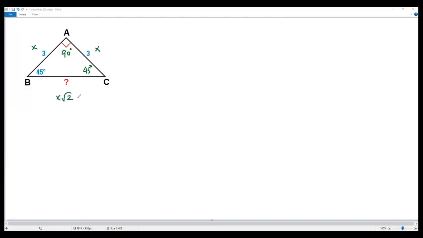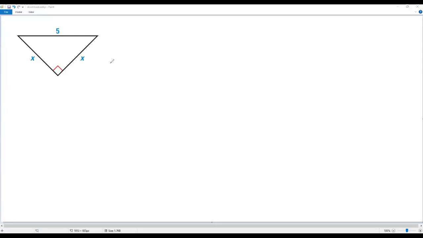According to what we have covered so far on the 45, 45, 90 special right triangle, if X is the length of each of the two equal legs, then the length of the hypotenuse has to be X times square root of 2. But instead of X, we have 3 over here, so we plug in 3 for X. Then the length of BC equals 3 times square root of 2.